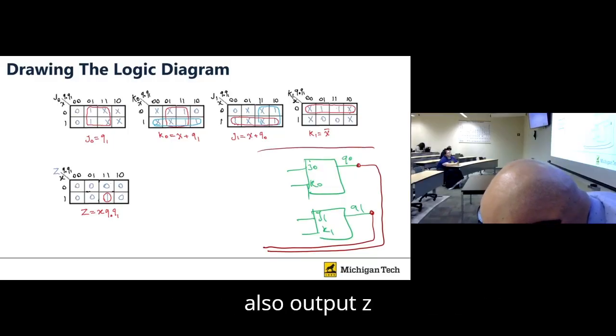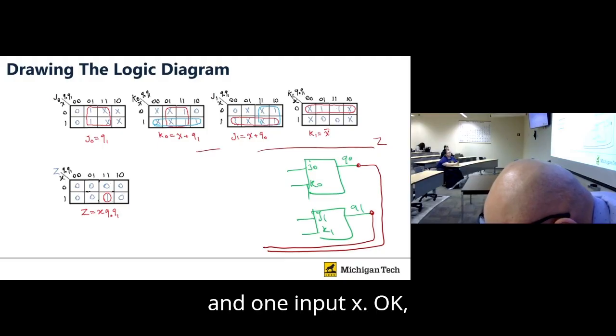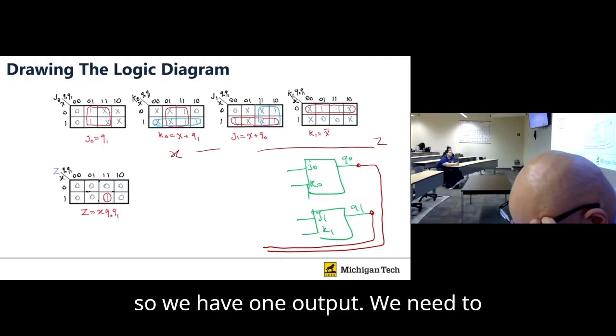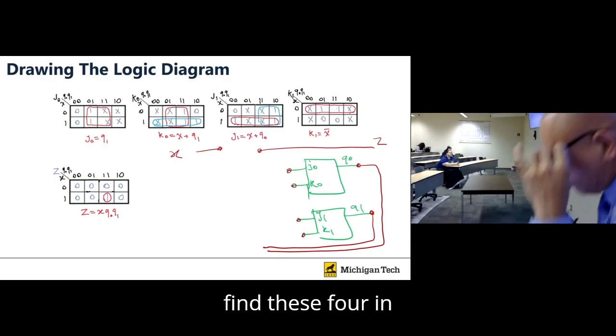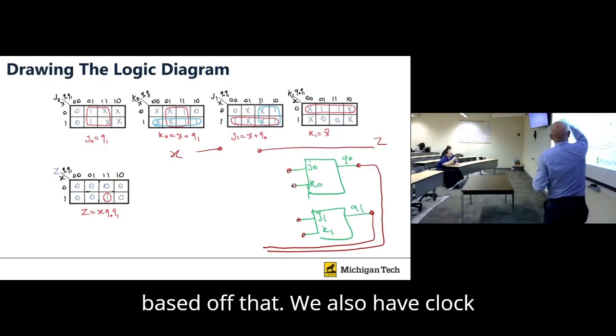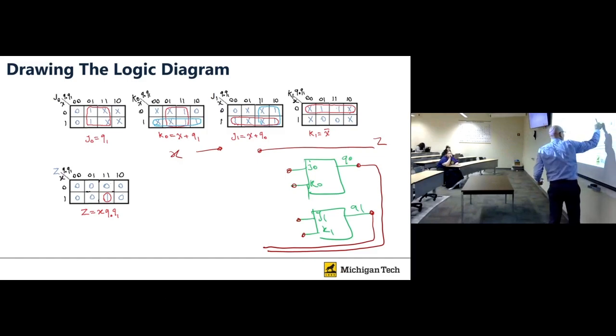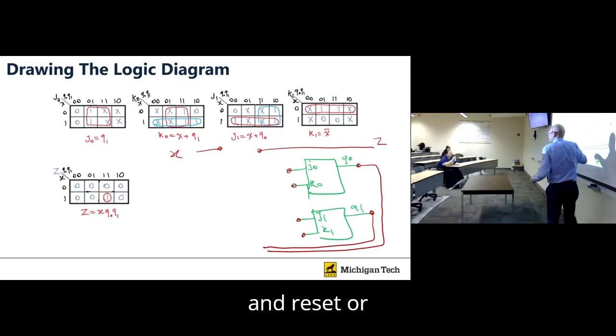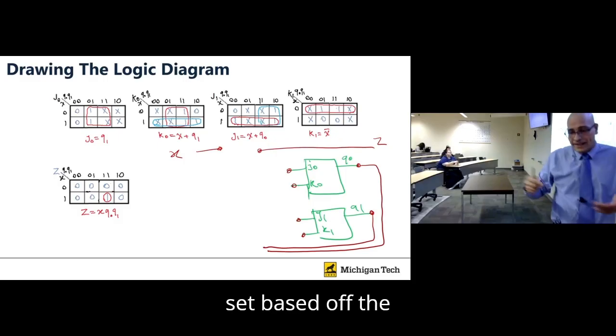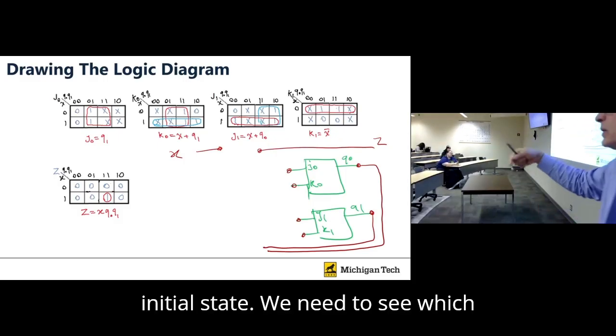So we also have output Z and one input X. Okay, so we have one output. We need to find these 4 inputs based off that. We also have clock and reset or set based off the initial state.